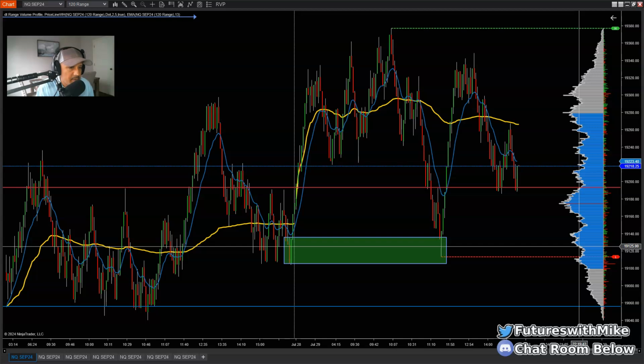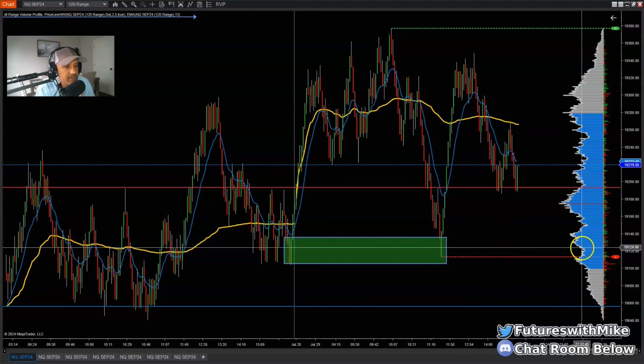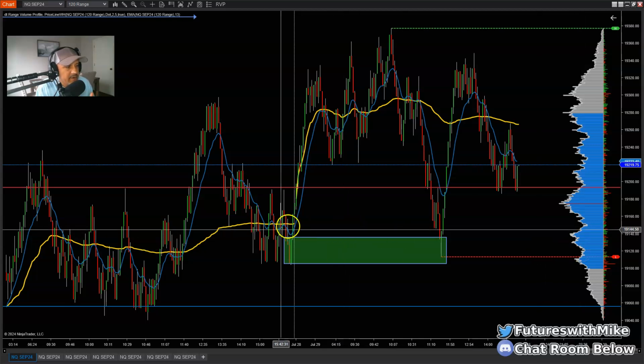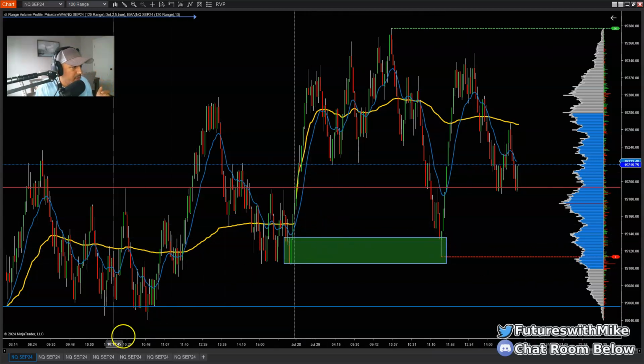I talk about using a volume profile, not to get into a trade, but using it as far as like a GPS. When I'm looking at a zone of interest, what did volume look like in that area, or volume that was created in this area here. When it got back here, it was at the latter portion right there.